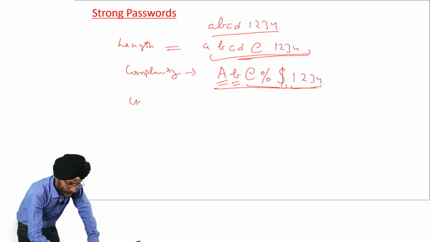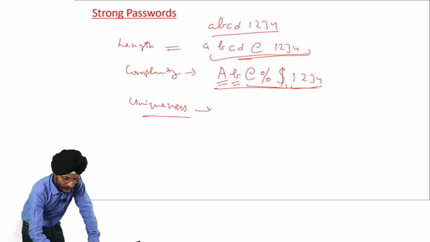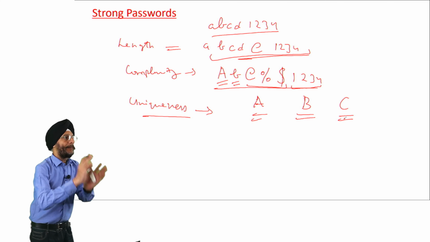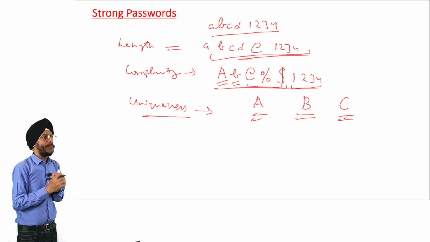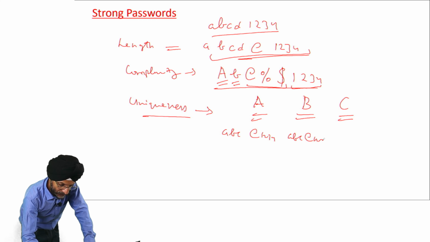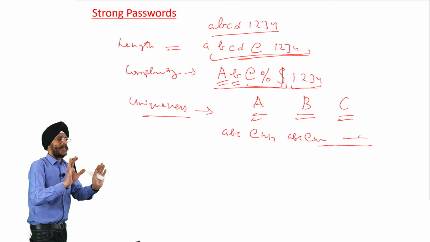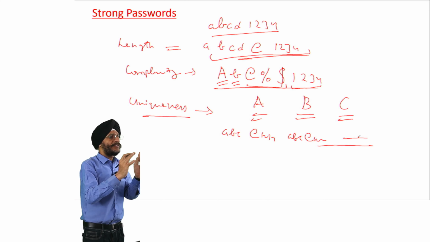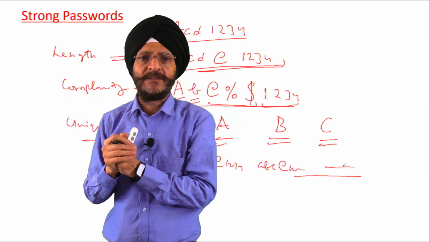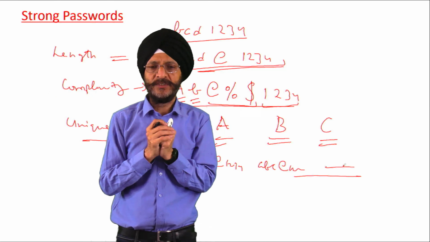Then we have to maintain uniqueness. What does it mean? Suppose we have bank accounts with three banks, A bank, B bank and C bank. It may be possible that in all cases we use the same password for simplicity, so that we need not remember the password in each and every case, but it should not be the same.